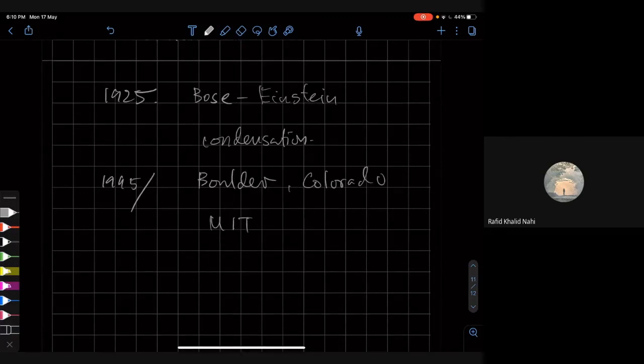The first group consists of Eric Cornell and Weidman from Boulder, Colorado, and Wolfgang Ketterle from MIT.